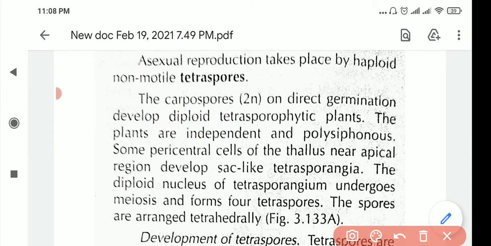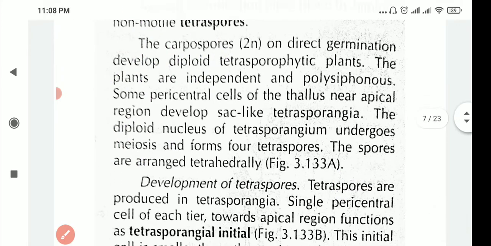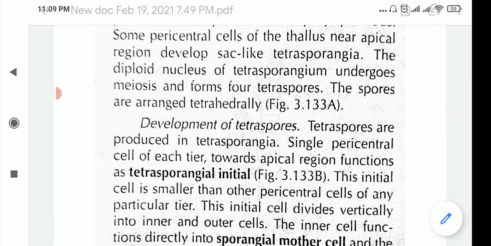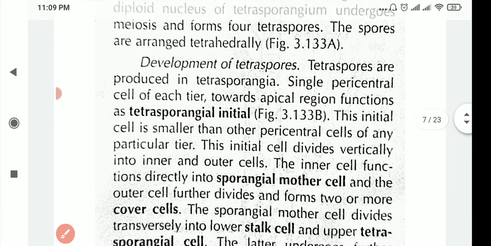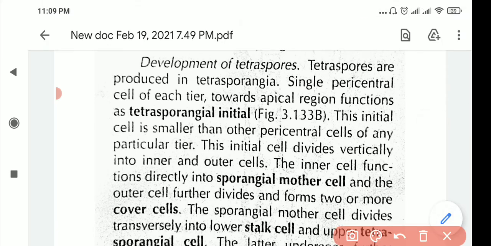The spores are arranged tetrahedrally. You will see in the image, just be patient. So let's look at how they develop. Tetraspores are produced in the tetrasporangia. A single pericentral cell of each tier towards the apical region functions as the tetrasporangial initial.